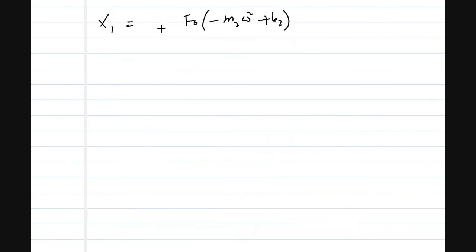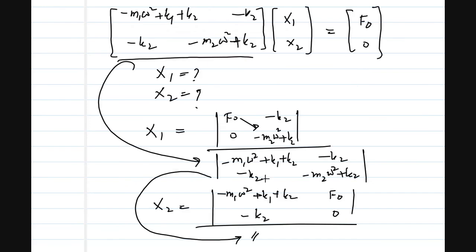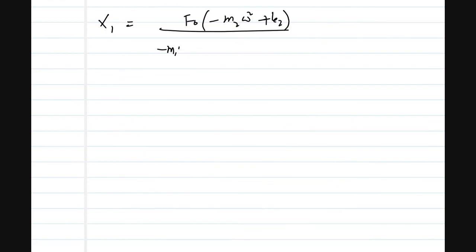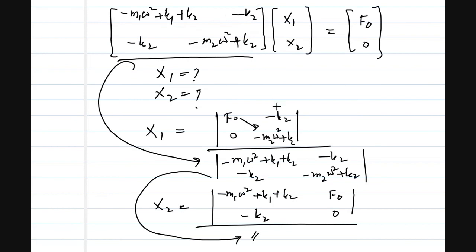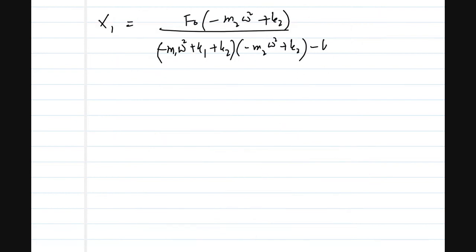Okay, yes, divided by the determinant, which becomes minus m1 omega square plus k1 plus k2 into minus m2 omega square plus k2, and minus k2 square. So first you solve for x1, then we will go for x2.